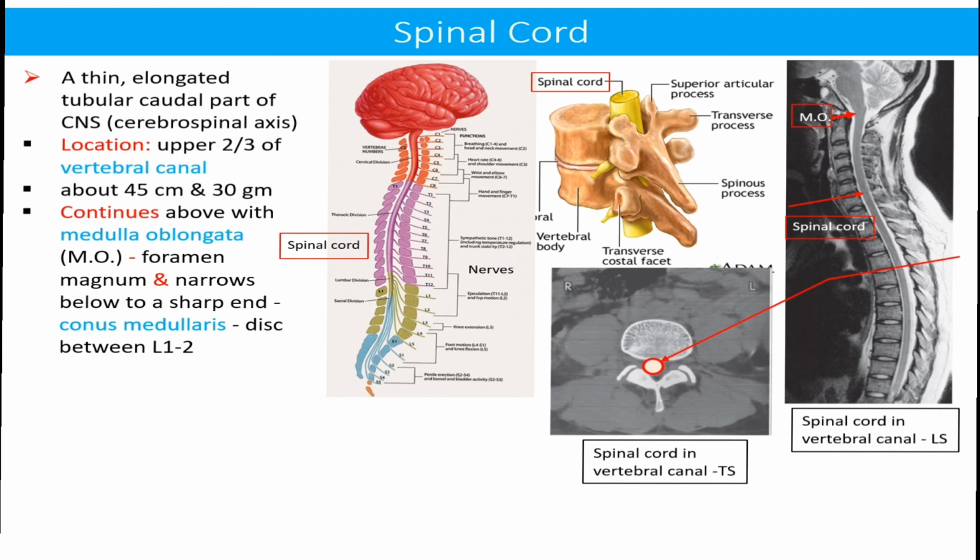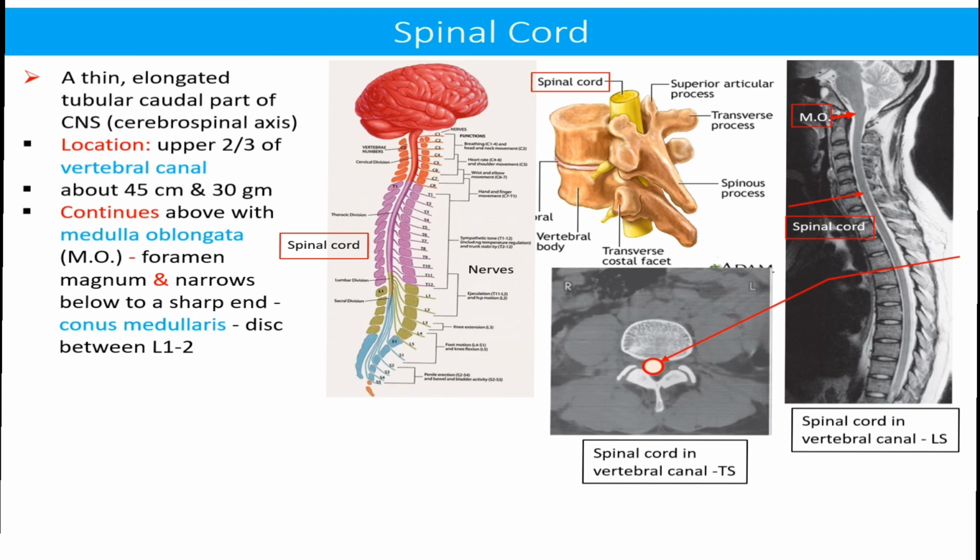Spinal cord is a thin, elongated tubular caudal part of the cerebrospinal axis. It is located in the upper two-thirds of the vertebral canal and is about 45 centimeters long and 30 grams in weight.